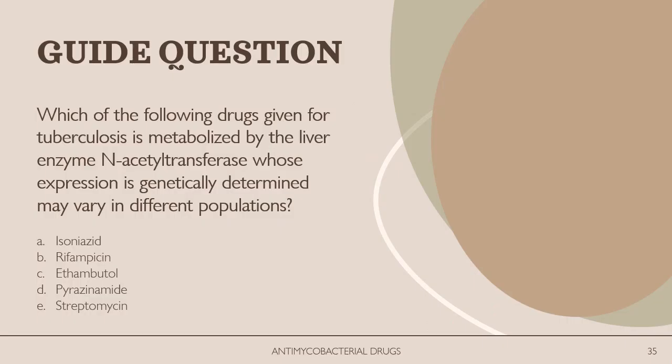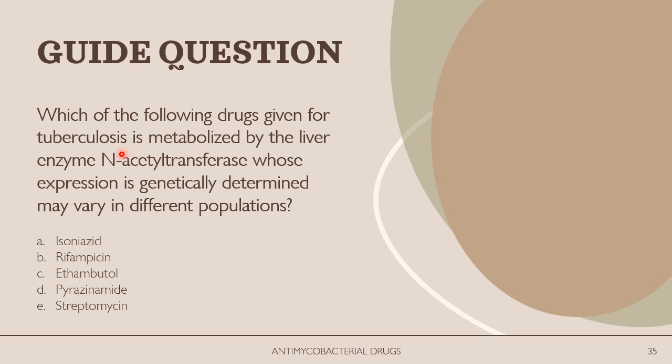Our guide question for this topic: which of the following drugs given for tuberculosis is metabolized by the liver enzyme N-acetyltransferase, whose expression is genetically determined and may vary in different populations? If you can still recall, N-acetyltransferase is the enzyme responsible for one of our conjugation reactions, acetylation.